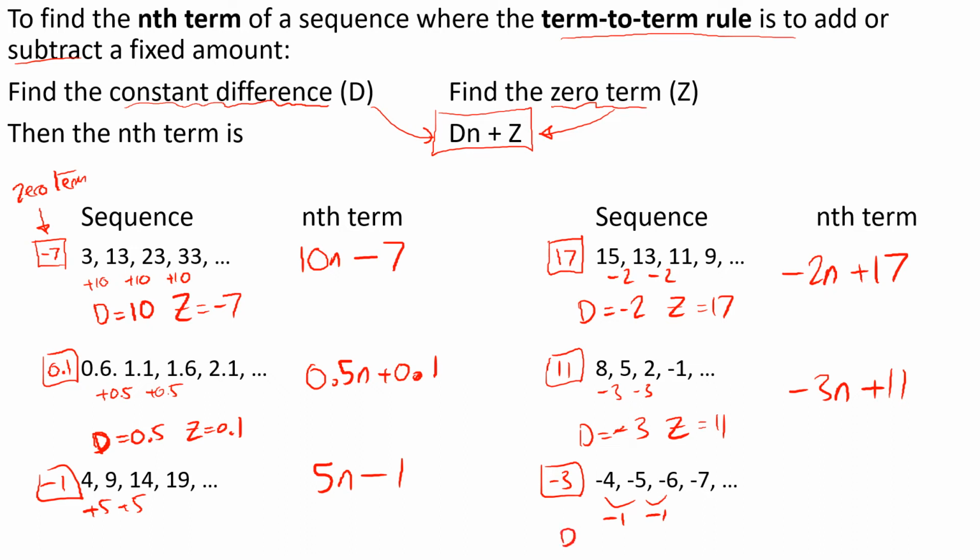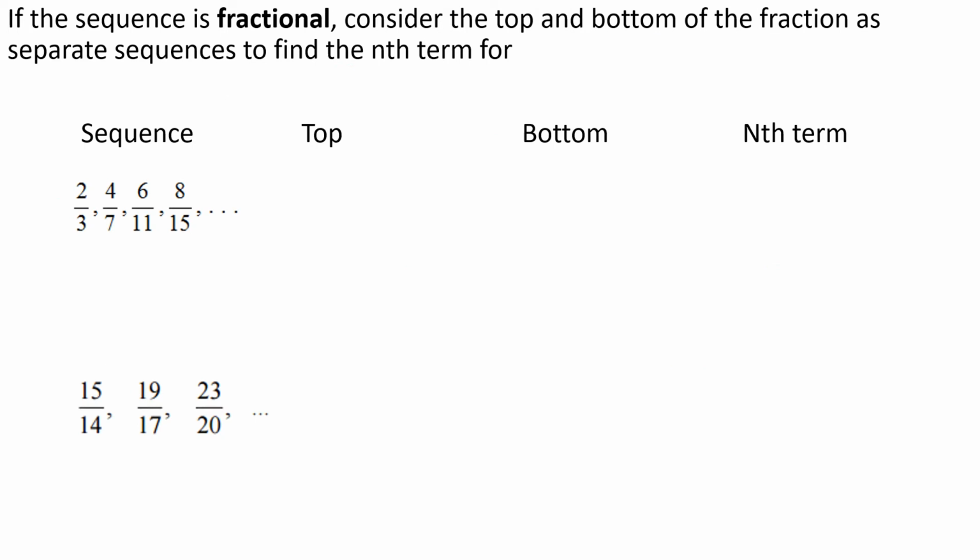So we'd have d was minus 1, z was minus 3, so this is minus 1n minus 3. Now you don't tend to have to write 1 in front of algebra, so you could also say minus n minus 3 there.